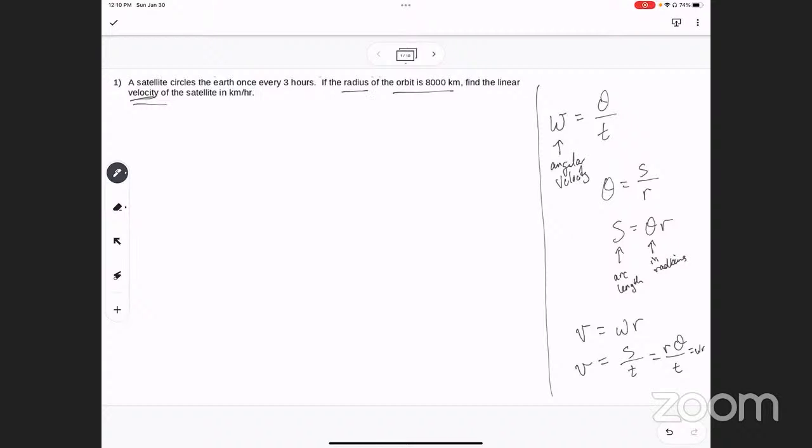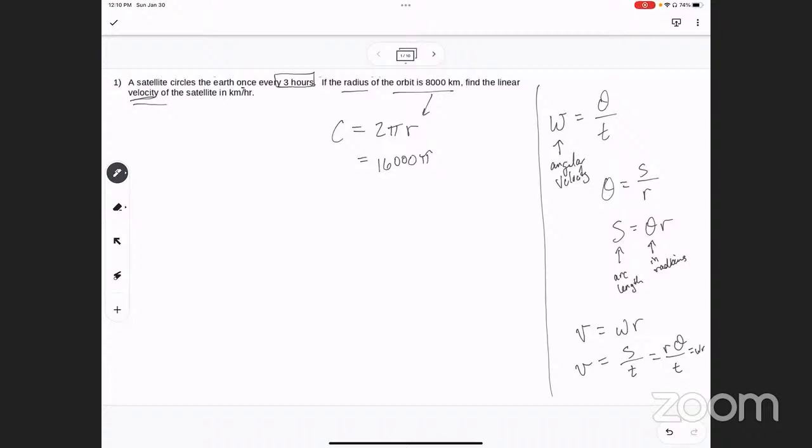So what is the circumference that it's going to travel? It's going to be 2 pi r, right? You follow? Yeah. So the circumference is 16,000 pi. That's the circumference.